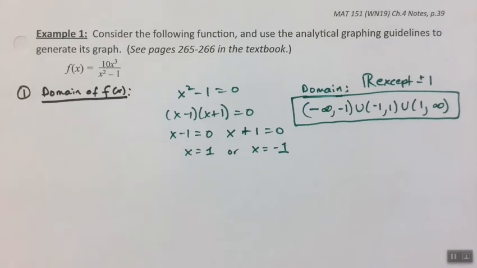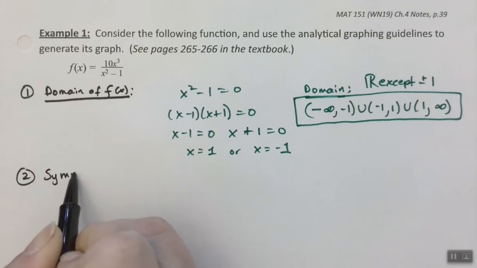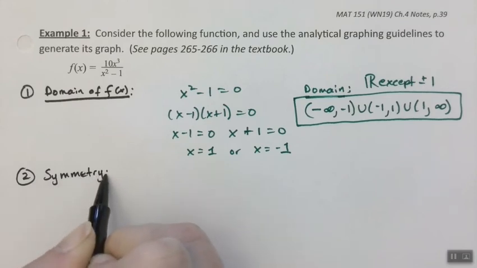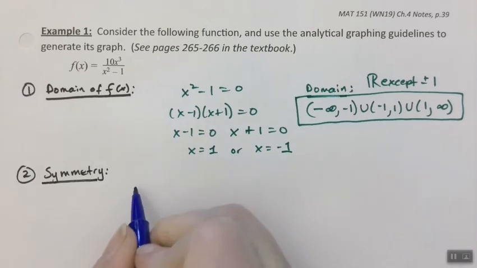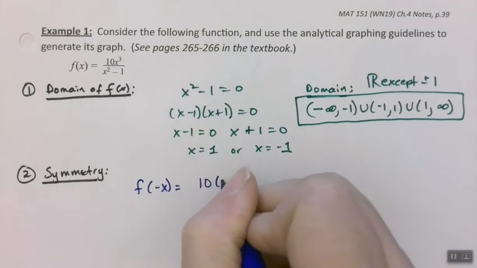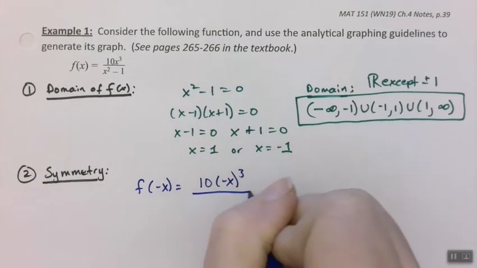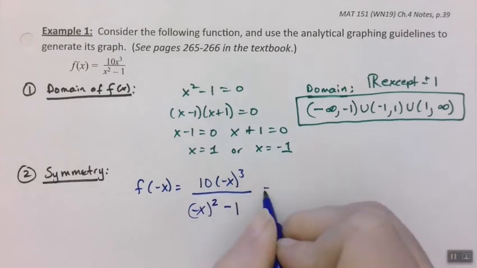All right, step 2, symmetry. Okay, so to figure out symmetry, you have to find f of negative x. And what that is will determine whether it was even or odd or whatever. Okay, so let's find f of negative x. f of negative x is equal to 10 times negative x cubed over negative x squared minus 1.